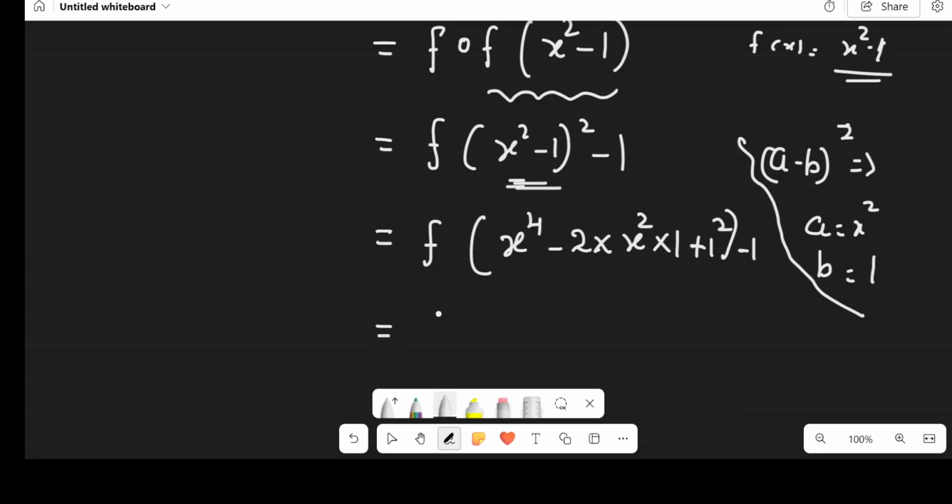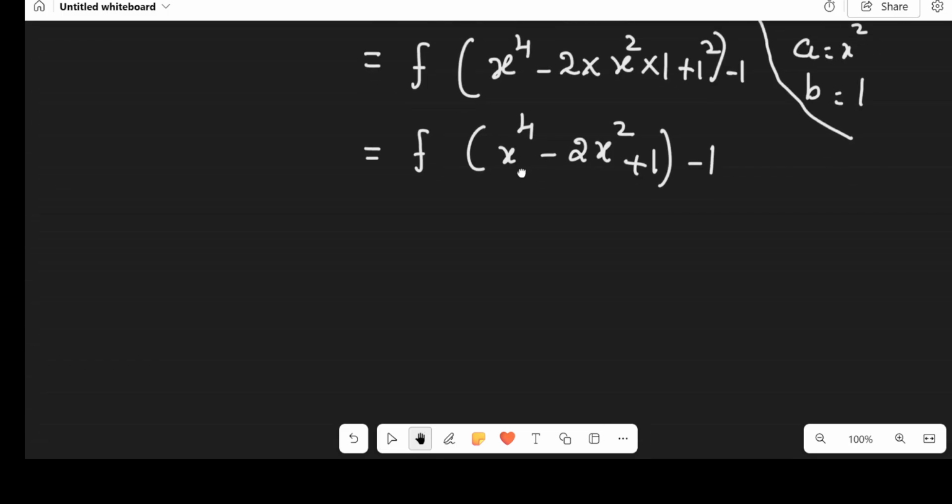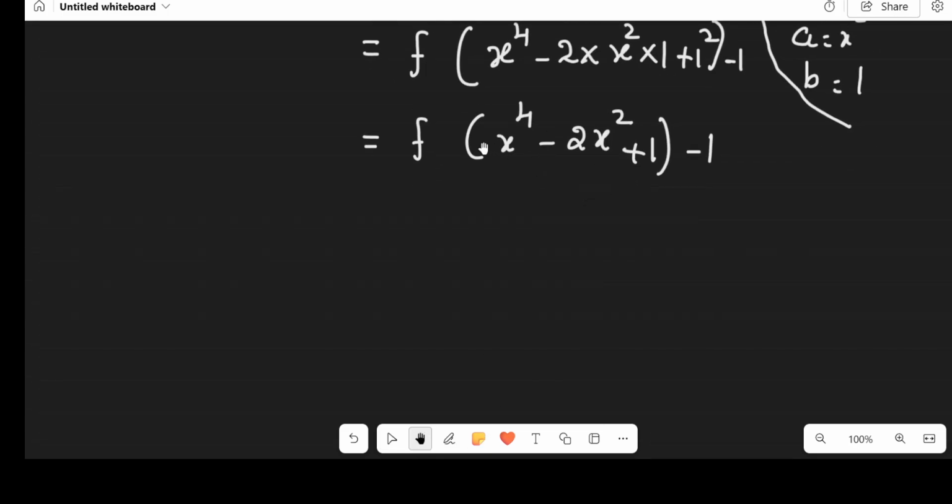And next, what would be the value? We can simplify like 2 into x square into 1, minus 2x square. This plus 1 minus 1. So next, we can cancel plus 1. If we are removing the brackets, we can cancel plus 1 and minus 1.